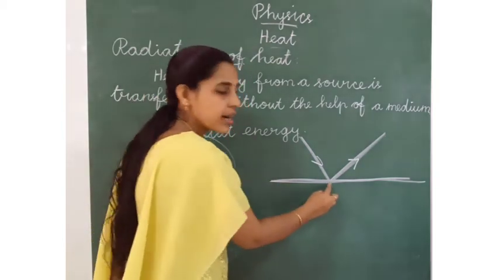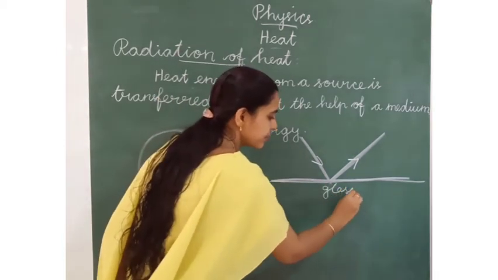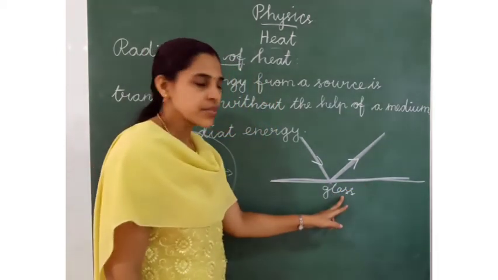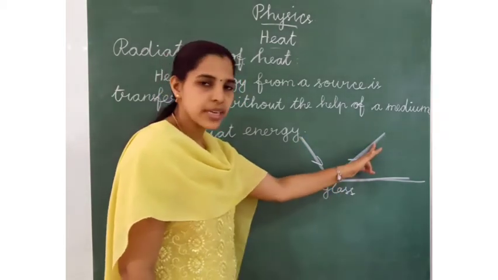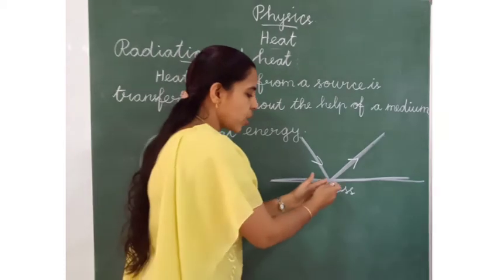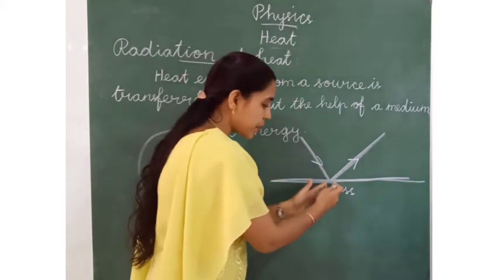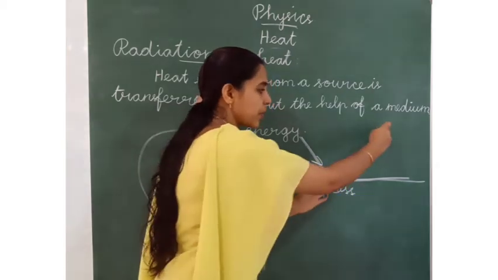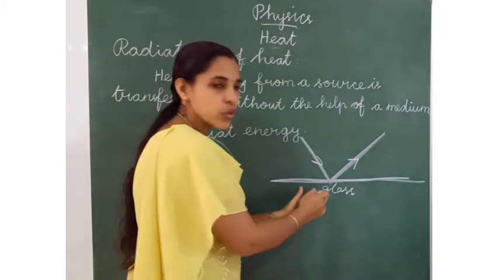So they will not absorb. This is the glass. So glass will not absorb the heat; it reflects the heat. So it is called a good emitter, because it will not absorb the light, it will reflect. So it is a good reflector and a good emitter.